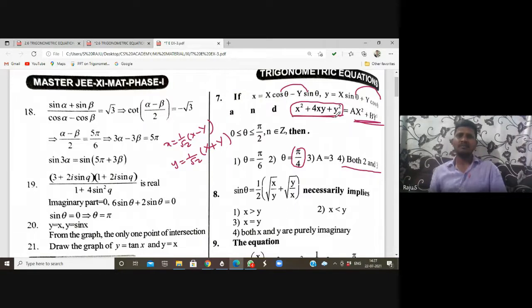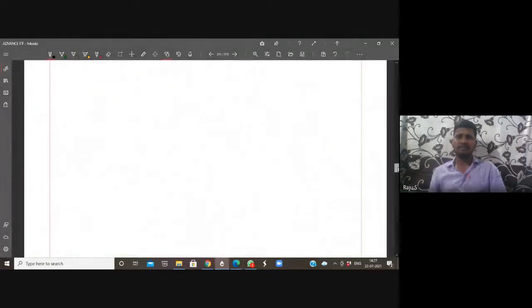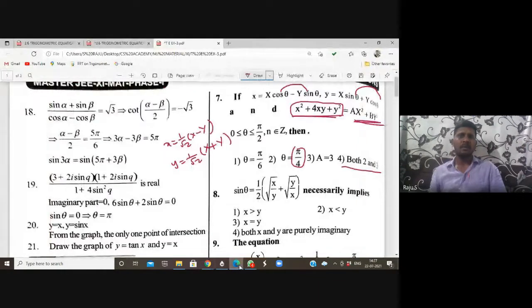Substitute here: 1 by root 2 into (X minus Y) whole square. So small x square plus 4xy plus y square is equal to a into capital X square plus b into capital Y square. Right.